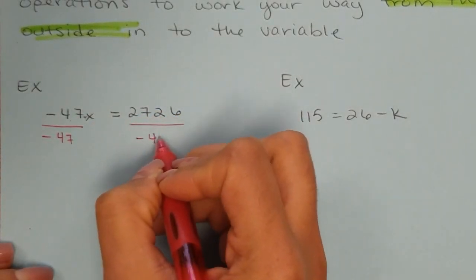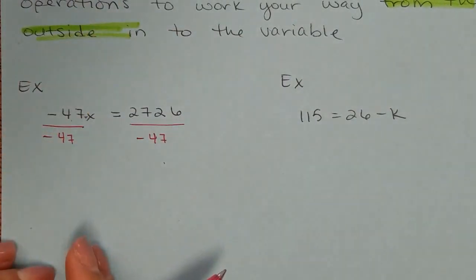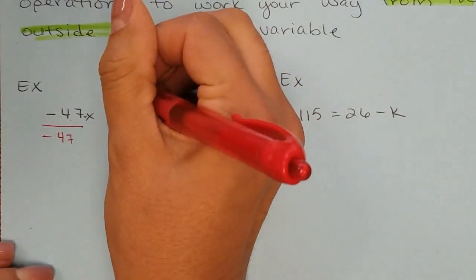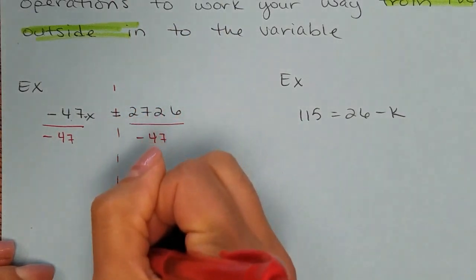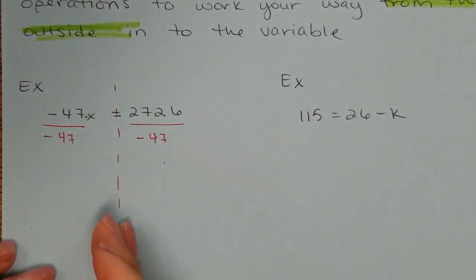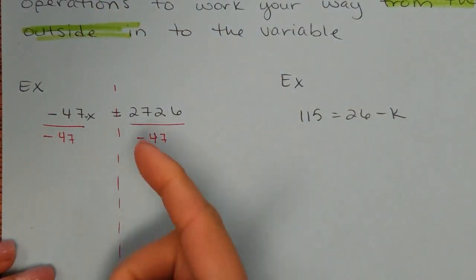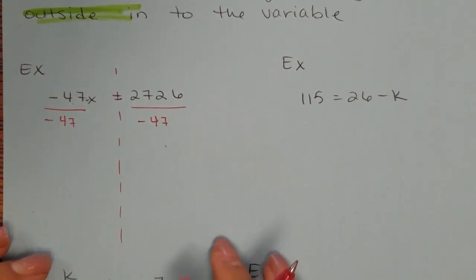Okay, one thing that I want to make sure that you guys are doing is you're working your way down and not to the side. So for those of you who struggle with this, please make sure that you draw your line down the middle and make sure that what you do to one side, you do to the other, and you keep your stuff lined up.